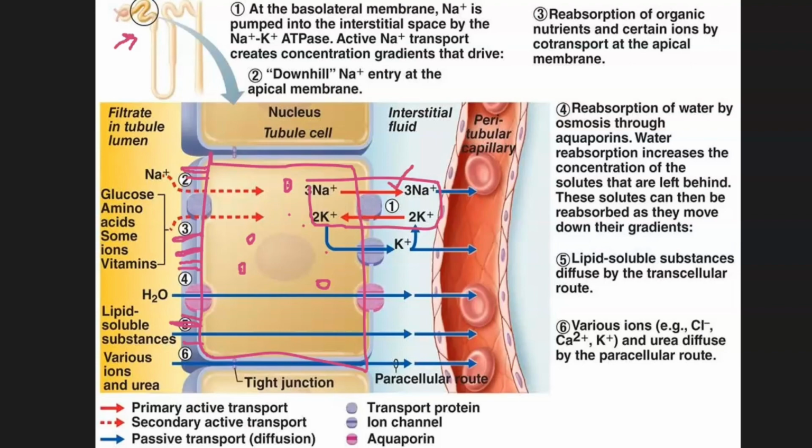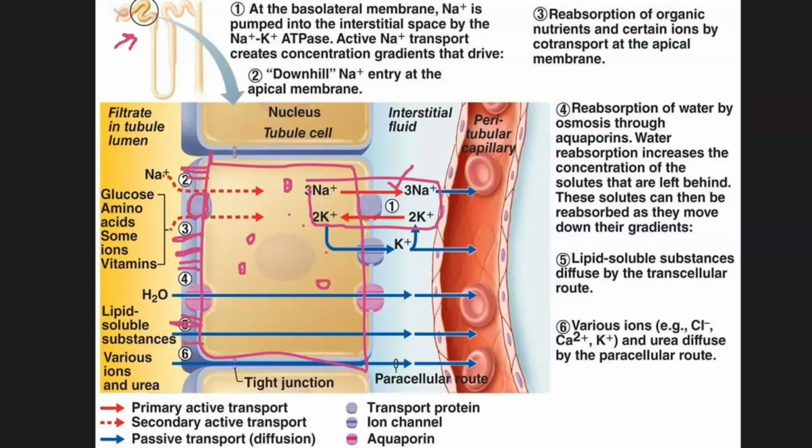This will result in facilitated diffusion here through a co-transport protein. So this one is a co-transport protein. Why do we say it is co-transport? Because it is for sodium diffusion as well as glucose and amino acids and other organic compounds or nutrients like vitamins.